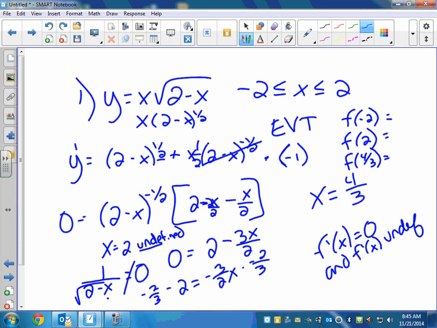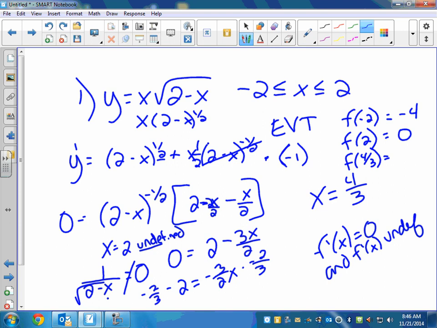I plugged it into the original problem, and again, without a calculator, it's kind of hard to get the 4/3 value, but the 2 and the -2 you can plug in, and if you plug in -2, I think you should get -4, because you get -2 times 2, and when you plug 2 in there, you get 0.